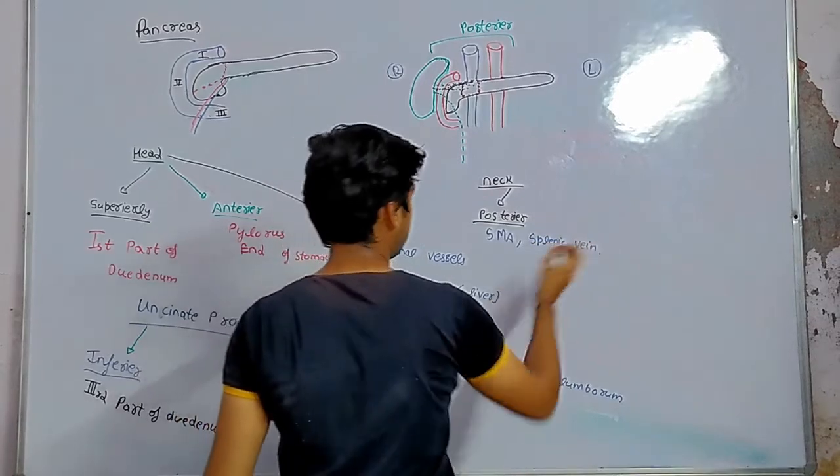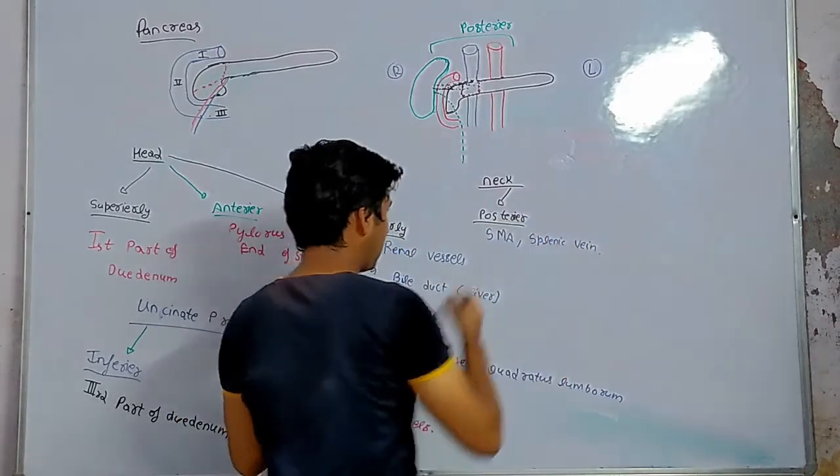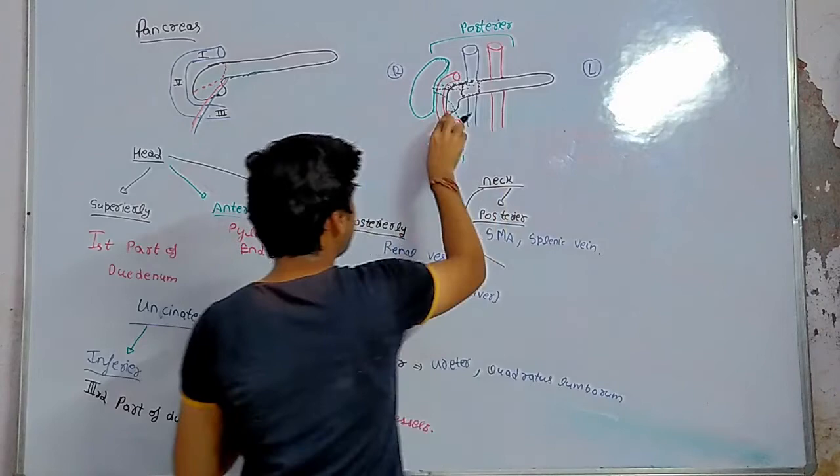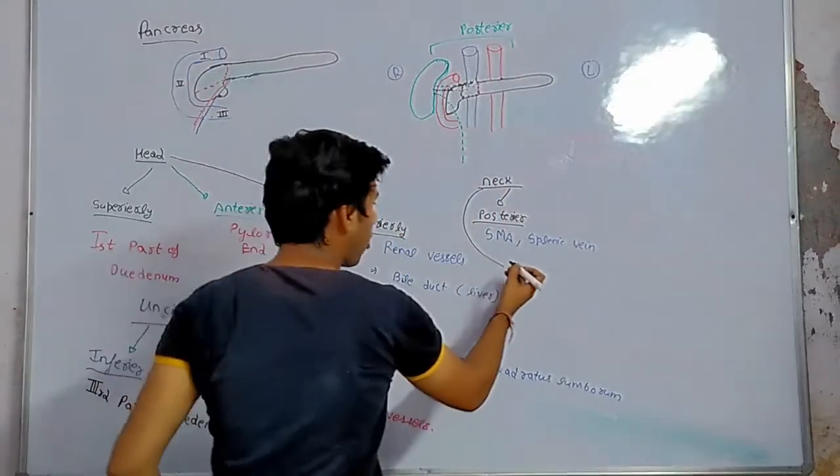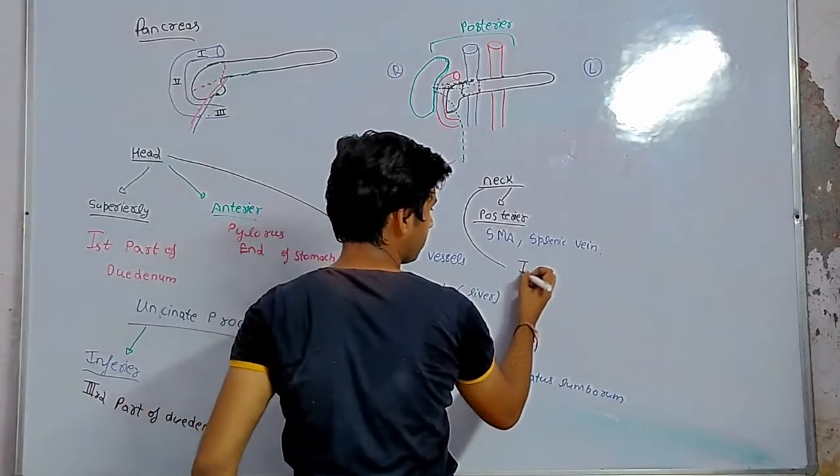And one important thing in the inferior relations: these vessels go behind the neck, so they also come in the inferior relations.